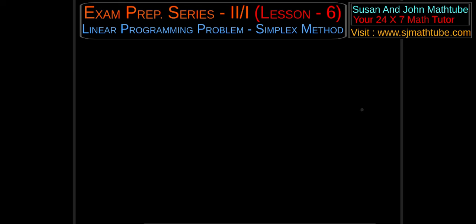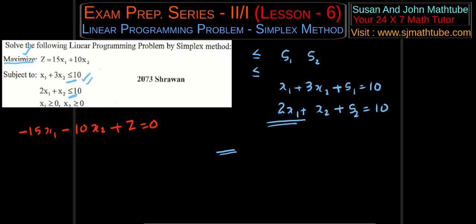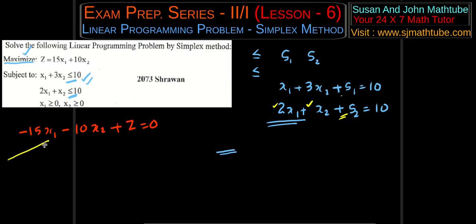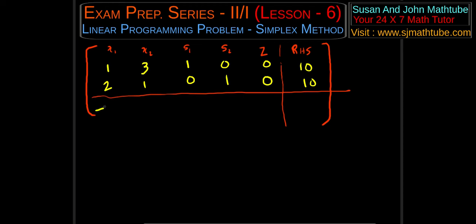You can check this. 2, 1. There is no S1, so 0, then S2, 1 and 0, the right side is 10. And the objective function, that is minus 15, minus 10, 0, 0, 1, 0.